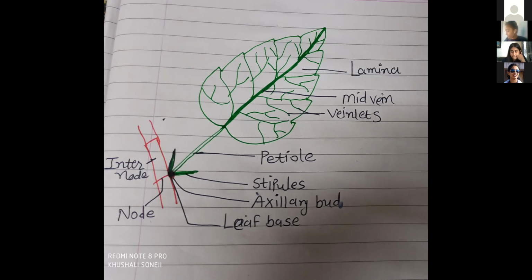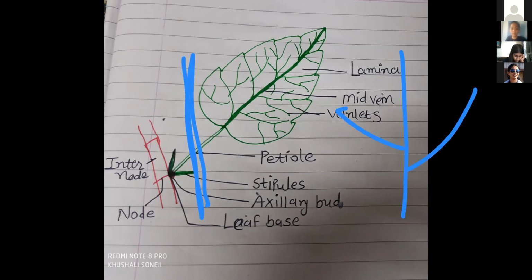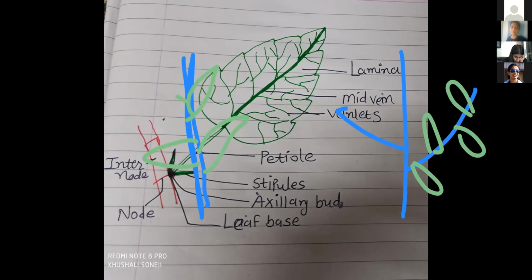It helps in photosynthesis. So first remember leaves are lateral. Why do we call lateral? Because this is the main axis, the stem. On that, on the branches or in some of them directly on the main axis, leaves are arranged. But these leaves are arranged on the sides, right?